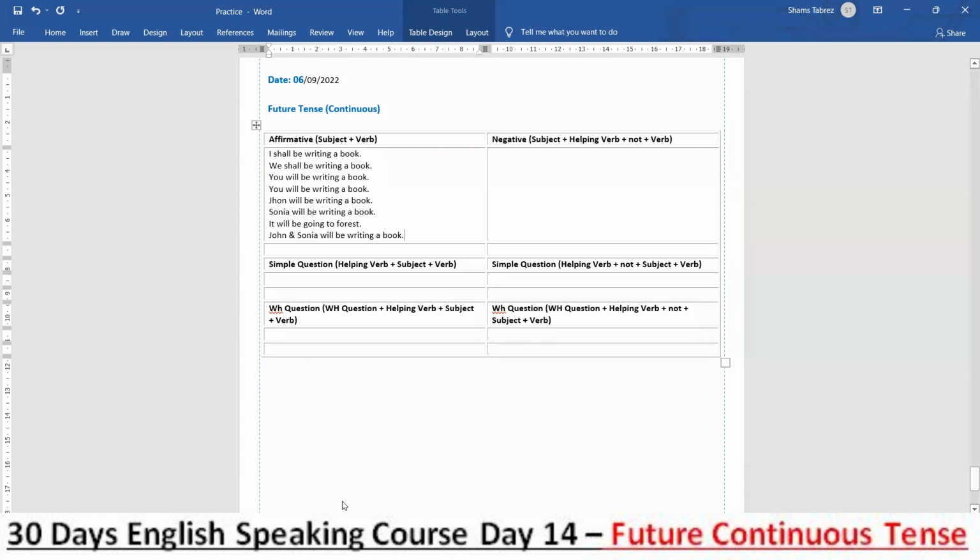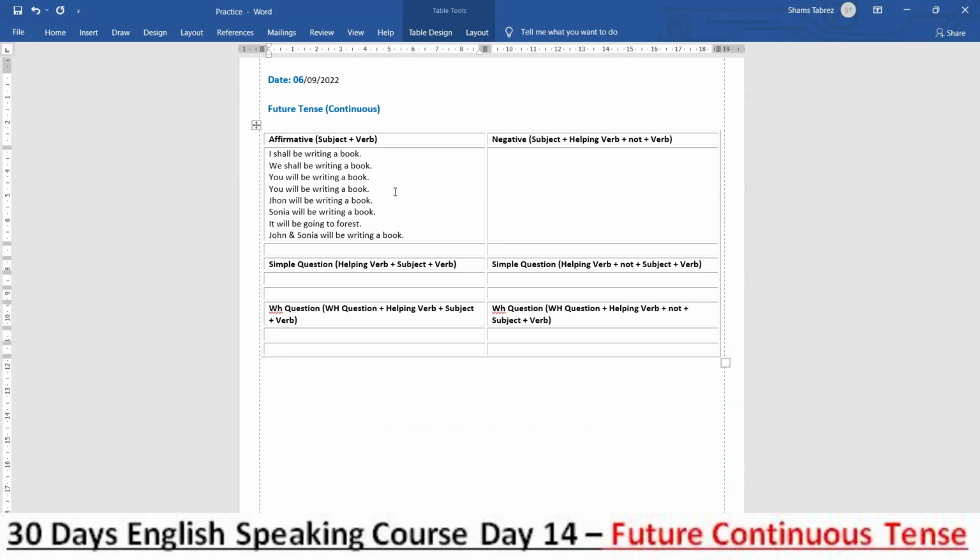Okay. Please translate. I shall be writing a book. मैं एक book लिखूंगा. We shall be writing a book. हम एक book लिखेंगे. You will be writing a book. आप book लिखोगे.